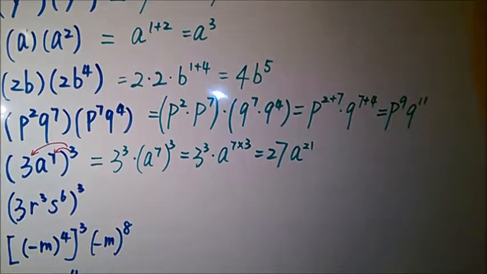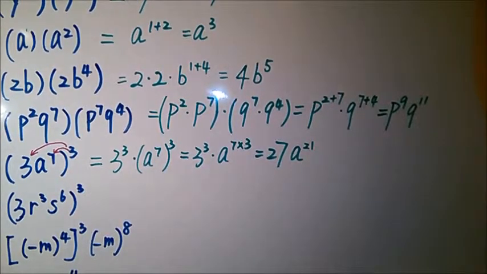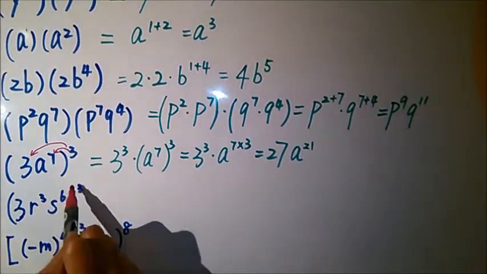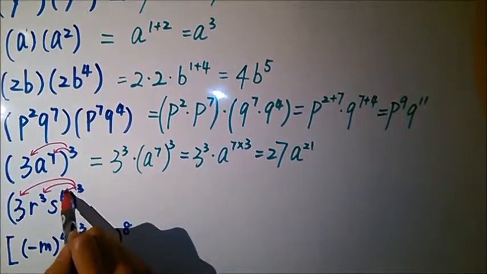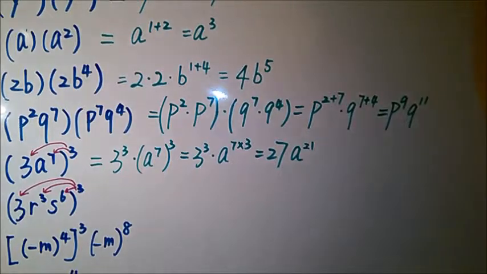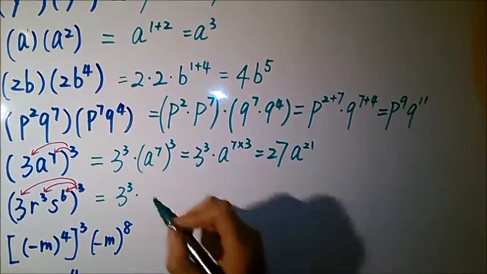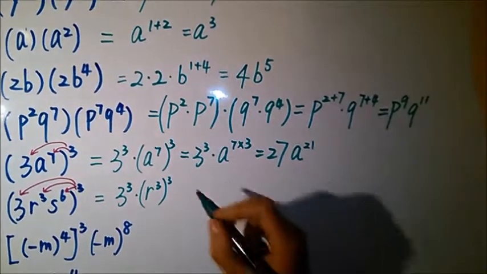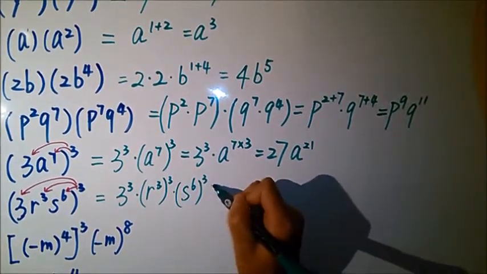This is 7. Okay, 3r cubed times s to the 6th power, all cubed. So we're going to do it again. Use the power rule to distribute into all the variables and numbers. So we're going to have 3 cubed times r cubed, right? Cubed again, times s to the 6th power cubed.